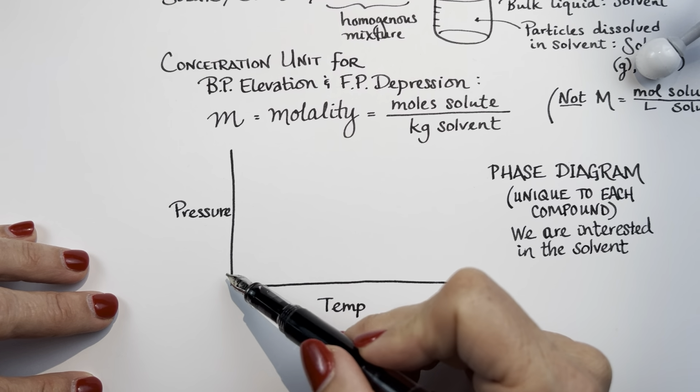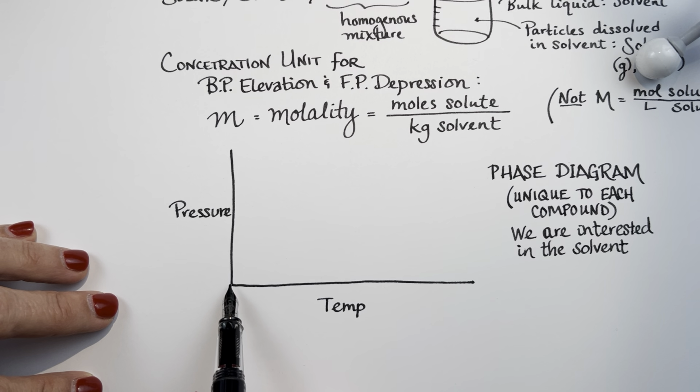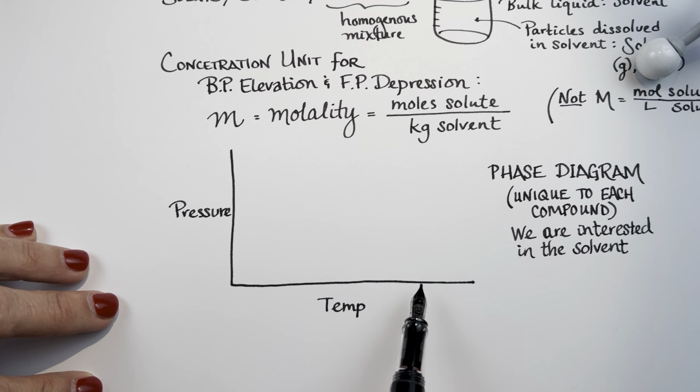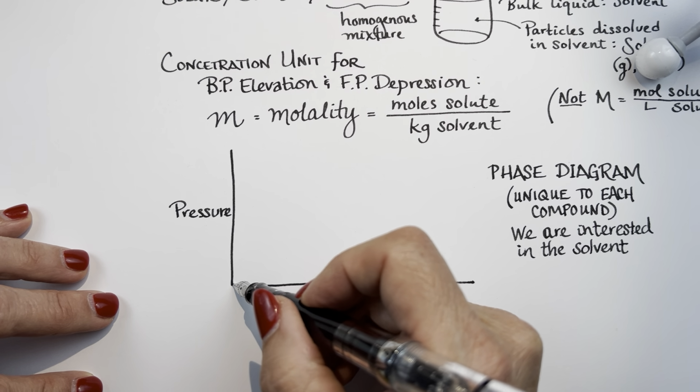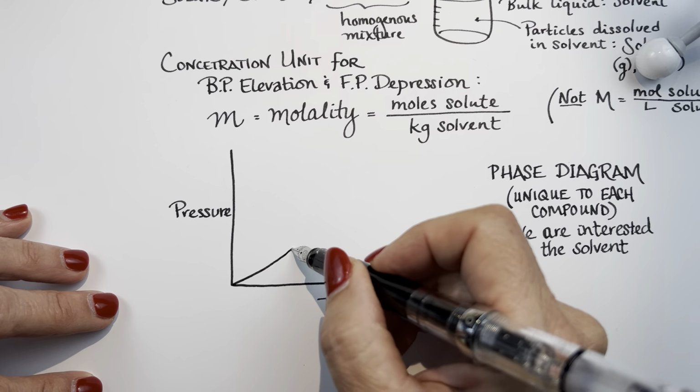Depending on your axes, if we are starting with 0 pressure and perhaps 0 Kelvin, of course you could start temperature higher than that, we're going to see a separation that looks something like this.